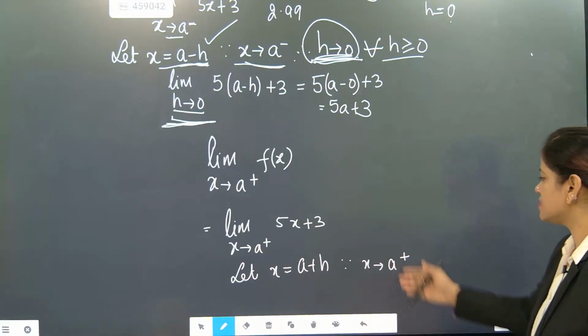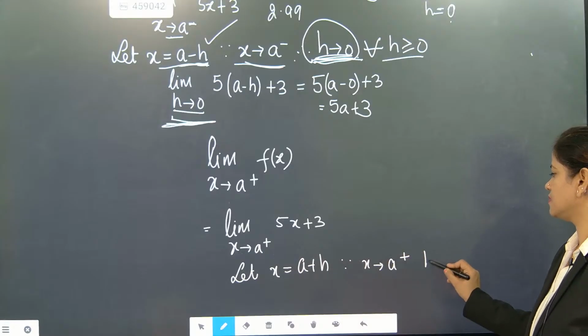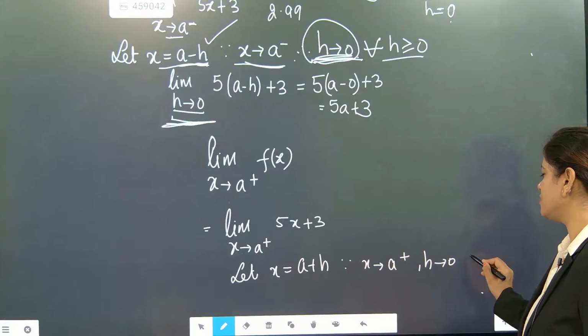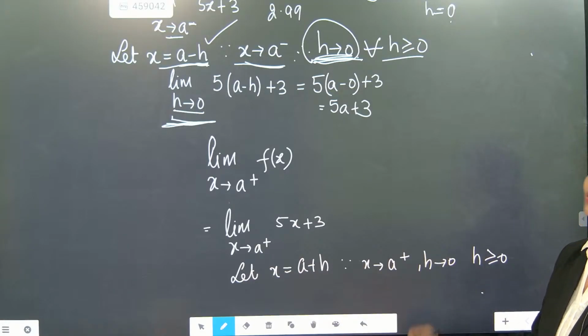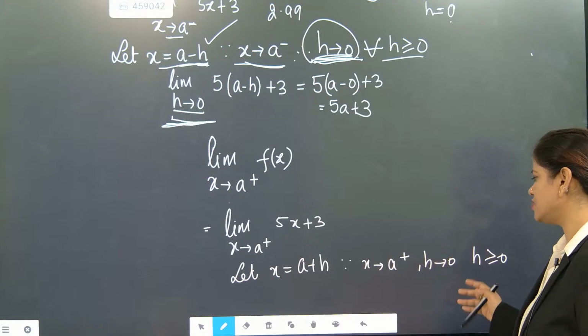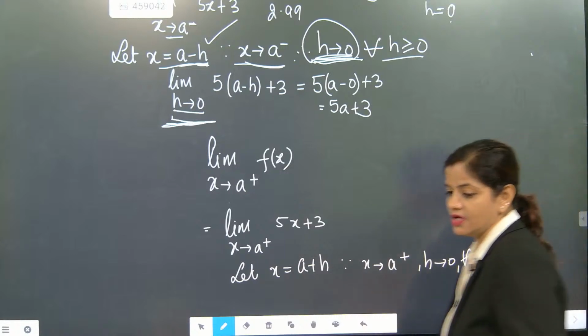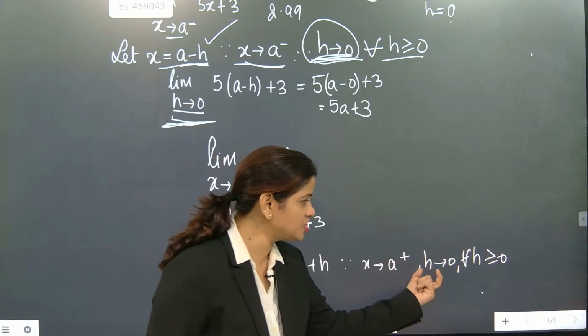What is h for you? h is tending to 0 and h is greater than 0. So x is equal to a plus h. Since x tends to a, a plus h tends to a for all h greater than 0. That means our main content is h.